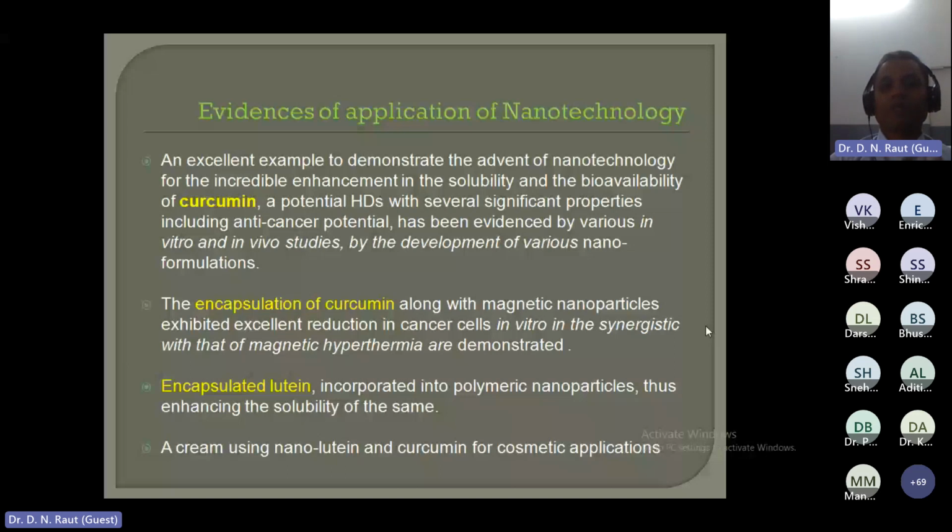The potential herbal drugs with several significant properties, including anti-cancer properties, could be enhanced when we formulate them into different forms by using nanotechnology.